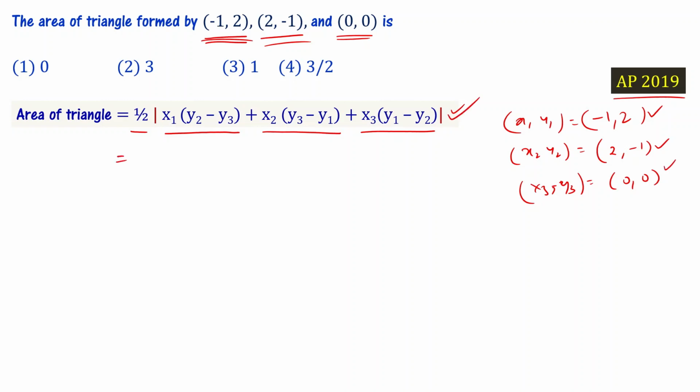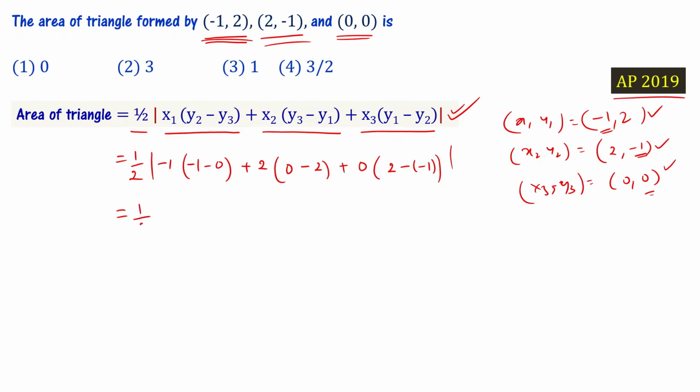Area of the triangle equal to half times modulus of x1, that is -1, times (y2 minus y3), that is -1 minus 0, plus x2, that is 2, times (y3 minus y1), that is 0 minus 2, plus x3, that is 0, into (y1 minus y2), that is 2 minus of -1, right?